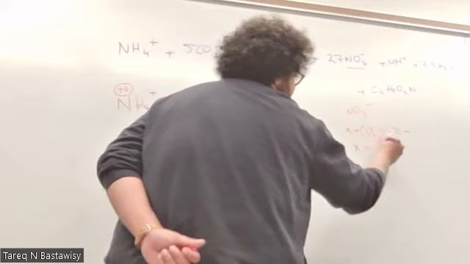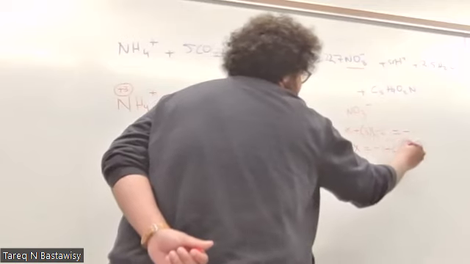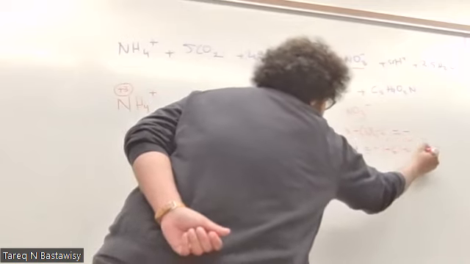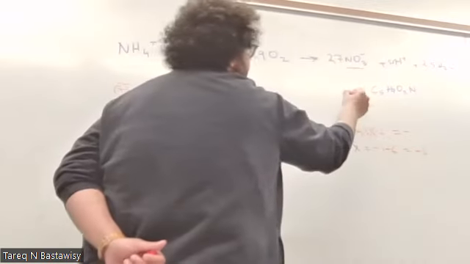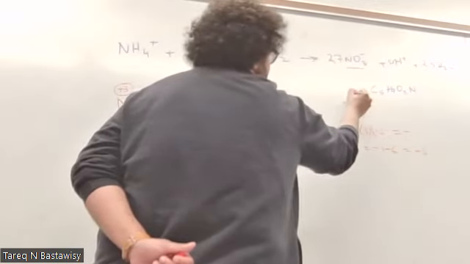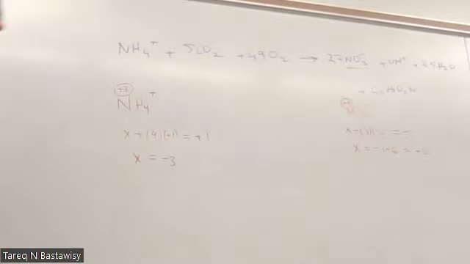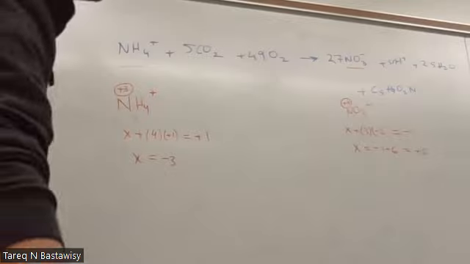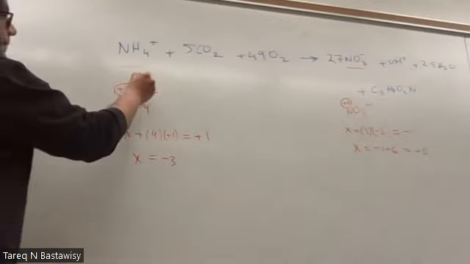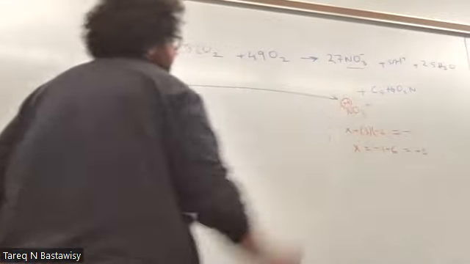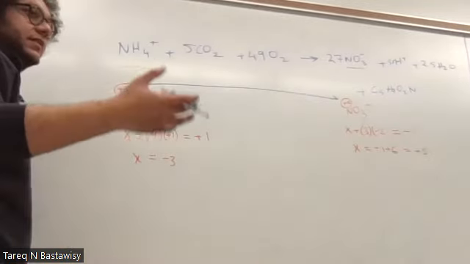So you have -1 plus 6, which is equal to +5. So this nitrogen is +5. What's happening? It's being oxidized, becoming more positive, okay?